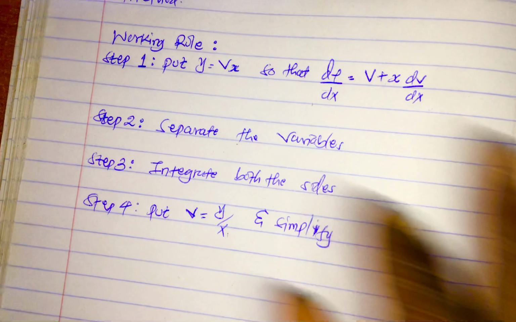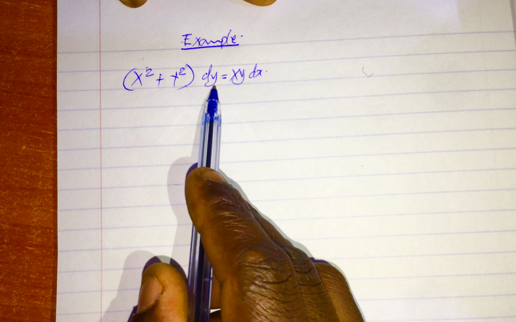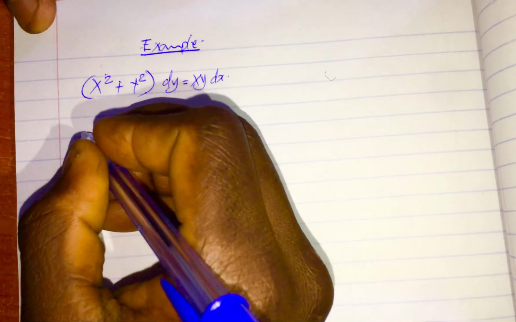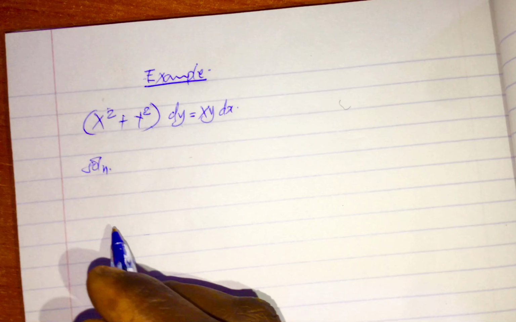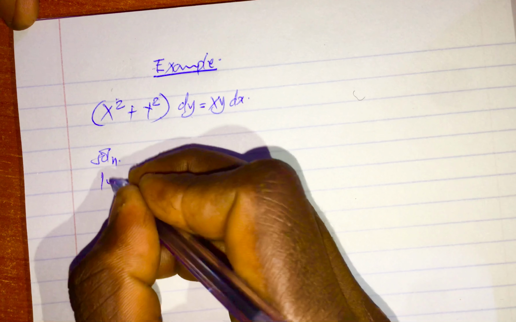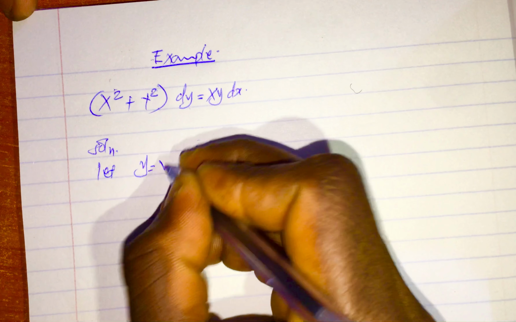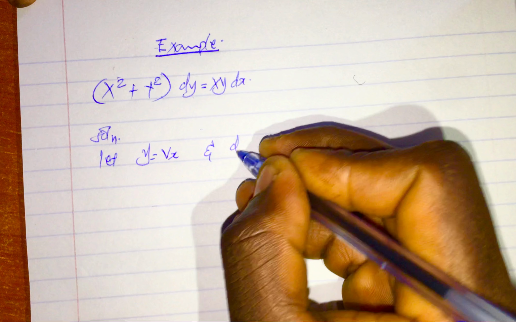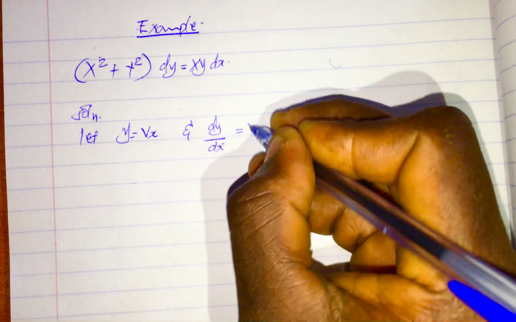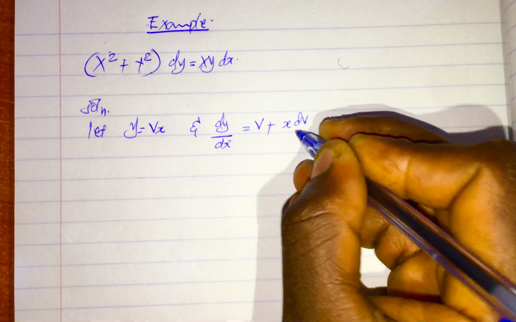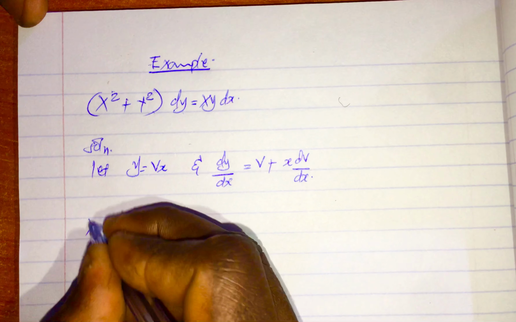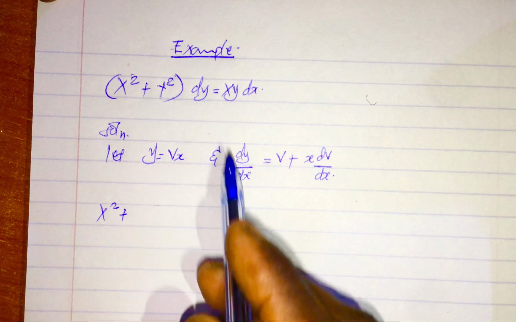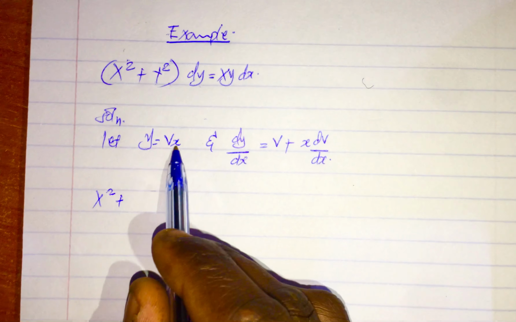So in our example today, (x squared plus y squared) dy is equal to (x plus y) dx. Solution: let y equal vx and dy/dx equal v plus x dv/dx. So for x squared plus y squared, we are going to replace the value of y with vx.